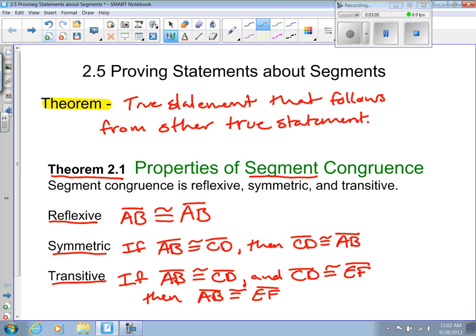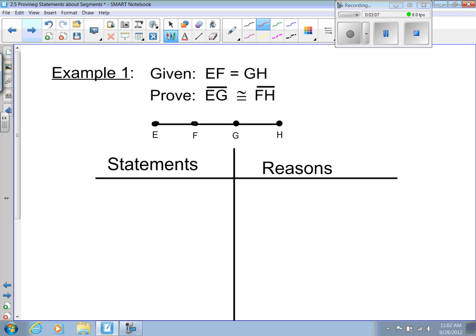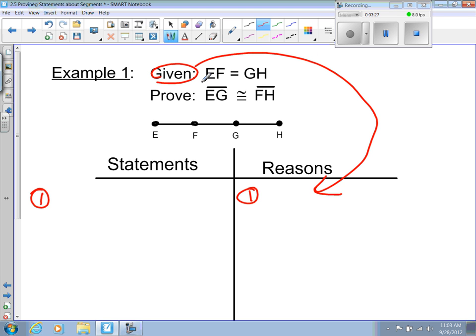Okay, so now we've got a bunch of examples. We've got, I think, 4 examples today and they're all proofs. This is where people really tend to struggle, is doing a proof, especially when you have to do the statements. So notice I'm given something. I want to start my proof with that given. What am I given?